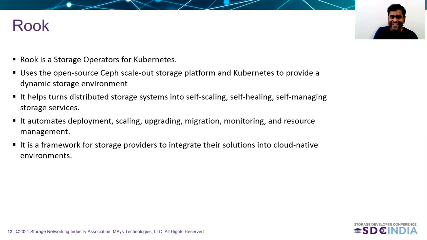It also turns distributed storage systems into self-scaling, self-healing, self-managing storage services. It automates deployment, scaling, upgrading, migration, monitoring, and resource management. It is a framework for storage providers to integrate their solutions into cloud-native environments.